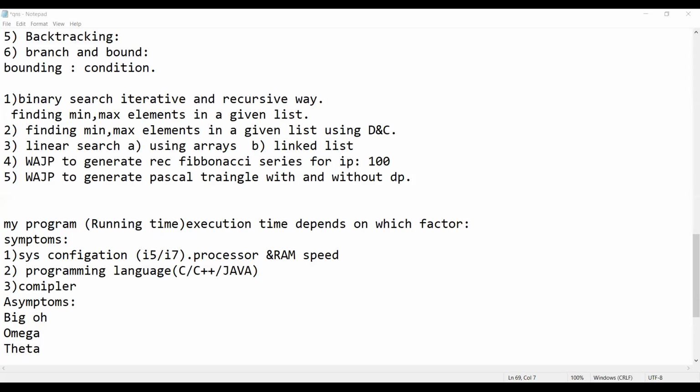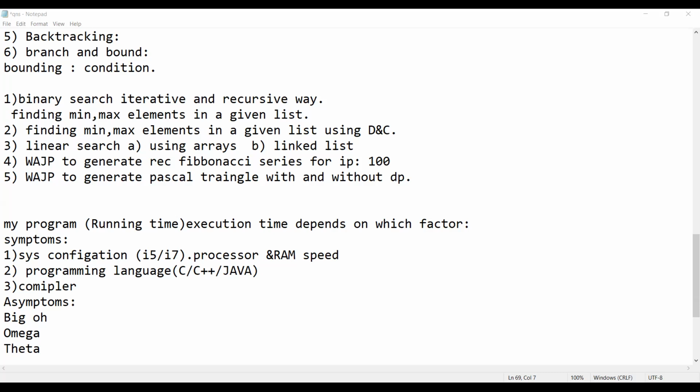In that case, if there are n elements, we need to perform n comparisons. Time complexity becomes big O of n, order of magnitude of n.